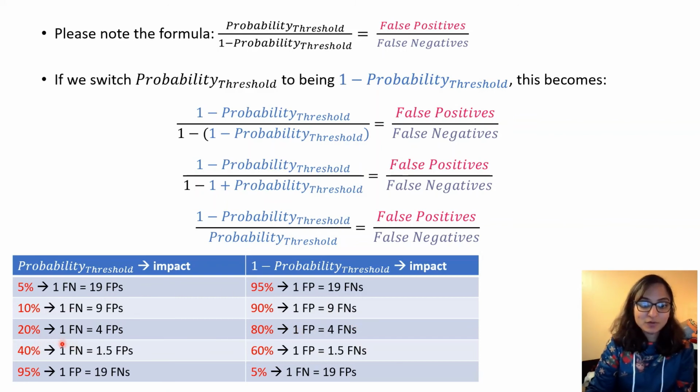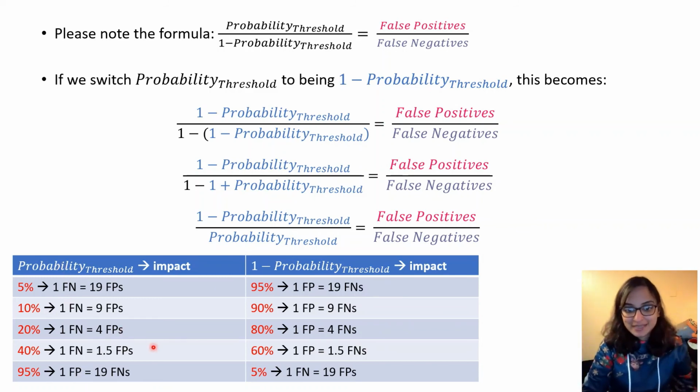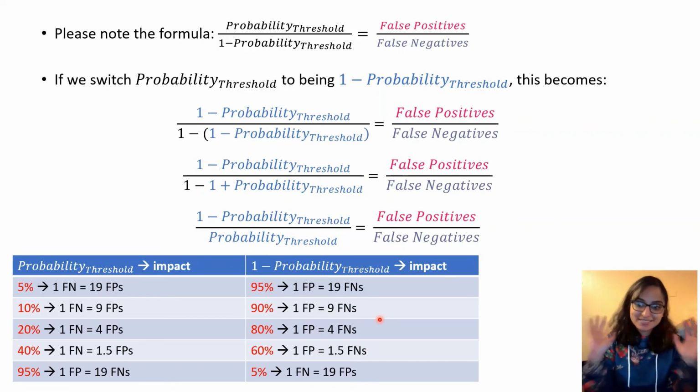Similarly, for 40%, one false negative is equal to 1.5 false positives, whereas for 60%, one false positive equals 1.5 false negatives. And for 95%, you saw the same thing here: one false positive is equal to 19 false negatives. This is what I'm calling the probability threshold, and then 1 minus probability threshold is this one here, which is 5%, where one false negative equals 19 false positives. And we could keep going on, just listing the opposite.